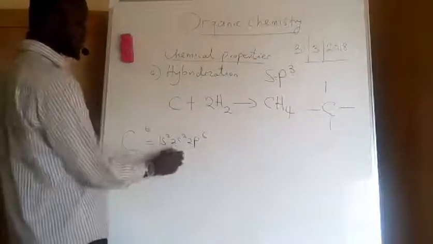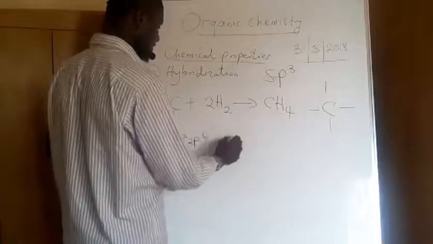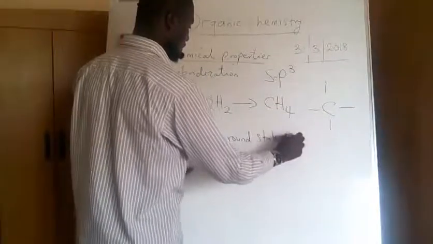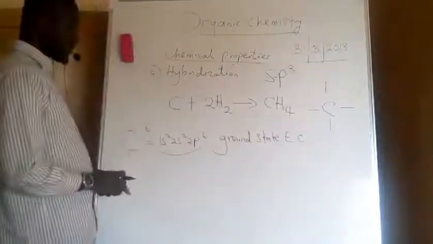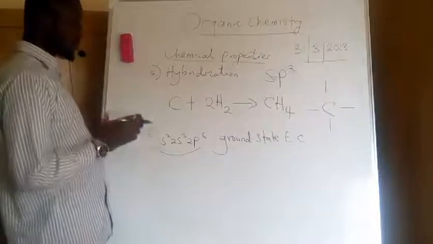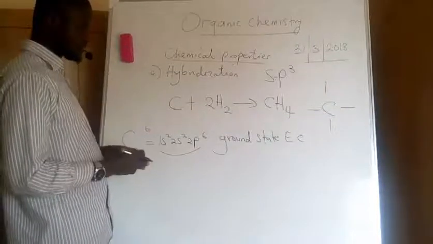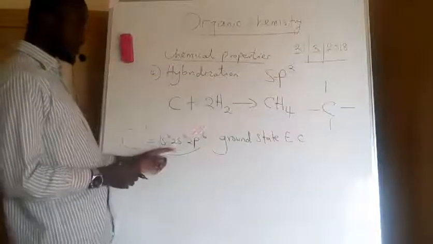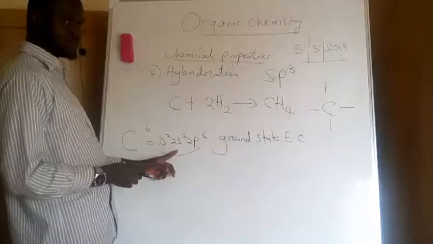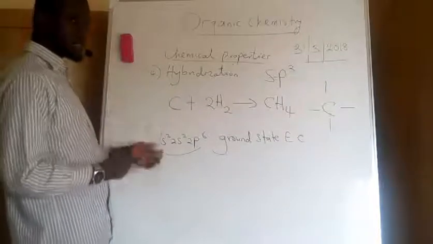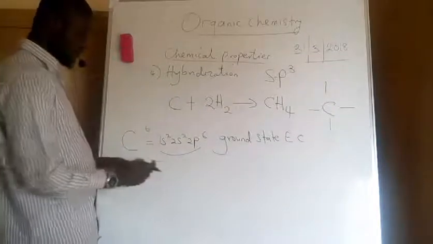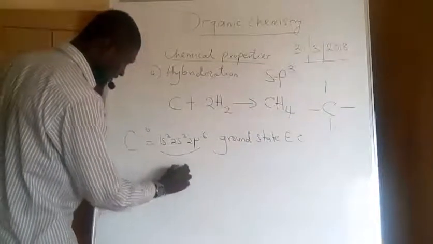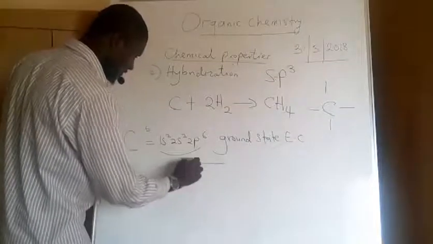Now, this electronic configuration is what is called the ground state electronic configuration. Now, a carbon atom cannot undergo a chemical reaction or bonding while in this state. So for carbon to react with this hydrogen, it must change this ground state electronic configuration to what is called the excited state electronic configuration. Now, if I draw the magnetic box of this, I'll have this.